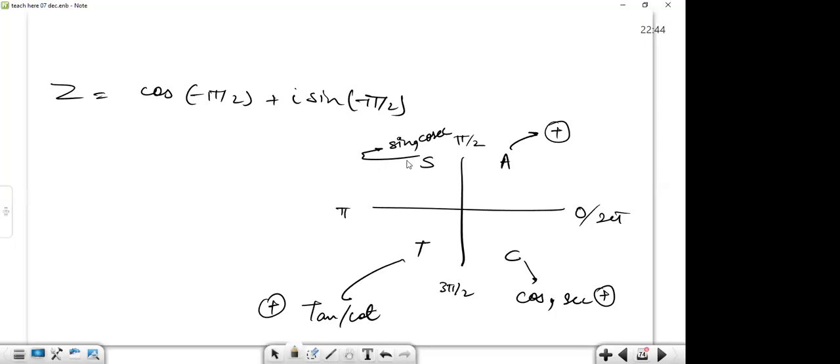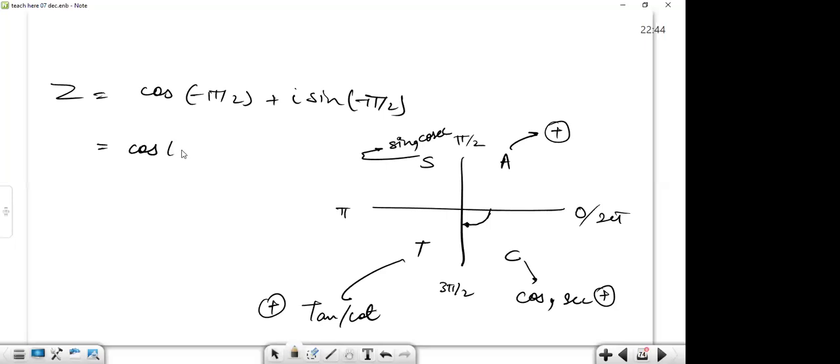So now here if we see cos of minus pi by 2, for any angle to be negative, we have to go clockwise. So minus of pi by 2. Okay, we have come in the clockwise direction to pi by 2. So somewhere here. So in this particular quadrant, cos is positive.